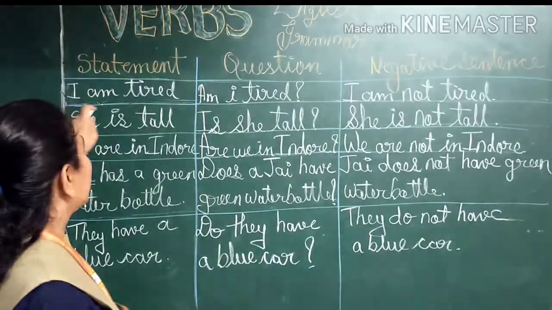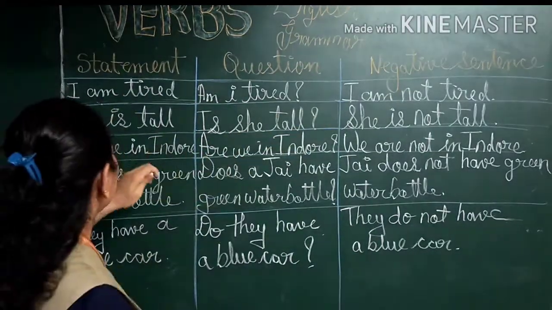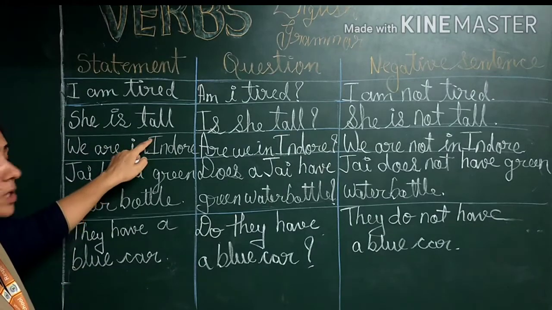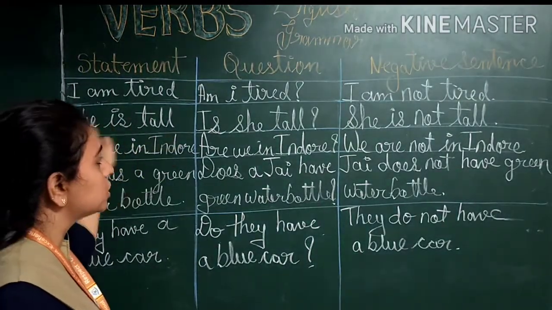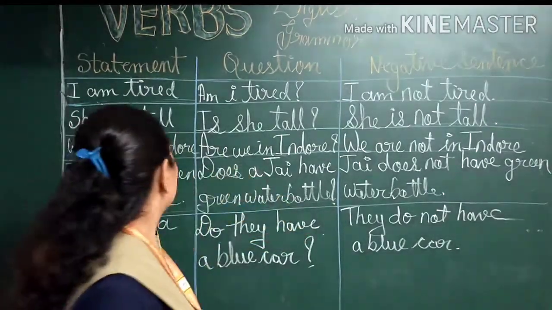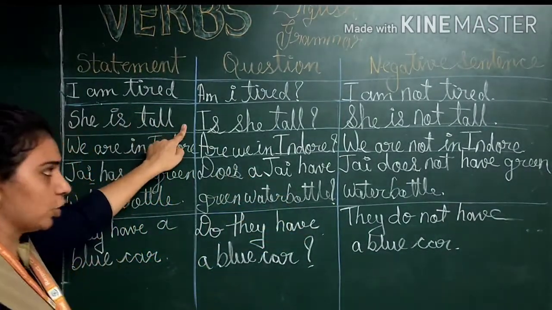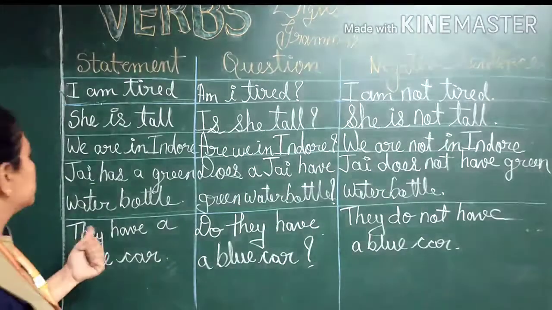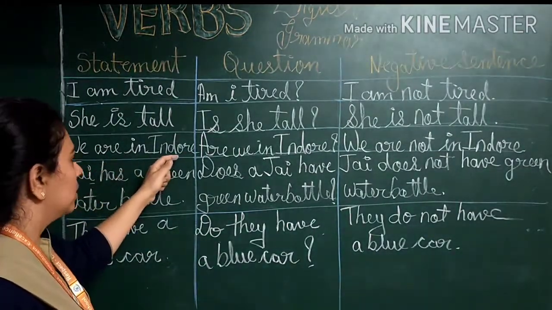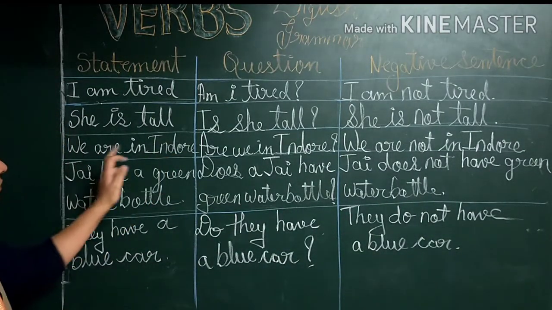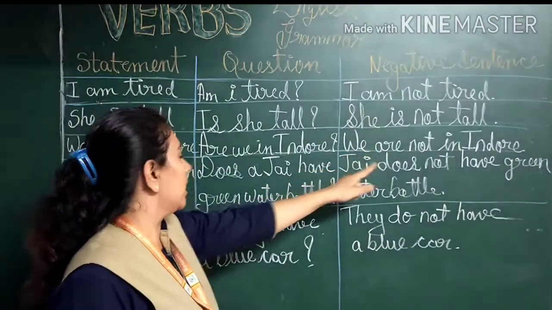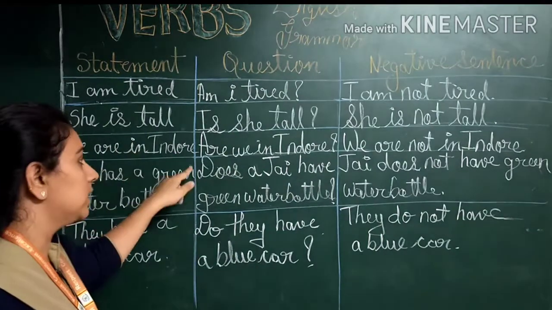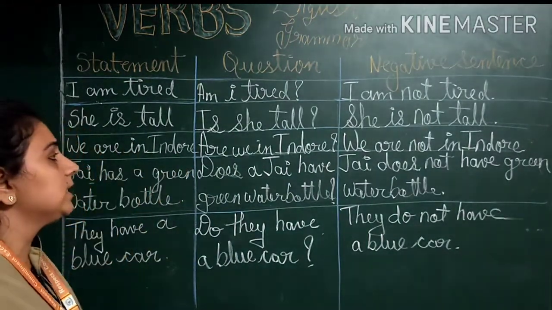The second is She is tall. The verb we will take first: Is she tall? Then the negative is She is not tall. Understand? The next is We are in indoor. So I have taken the verb first: Are we in indoor? Question mark. And the next is We are not in indoor. After the verb, not in indoor.